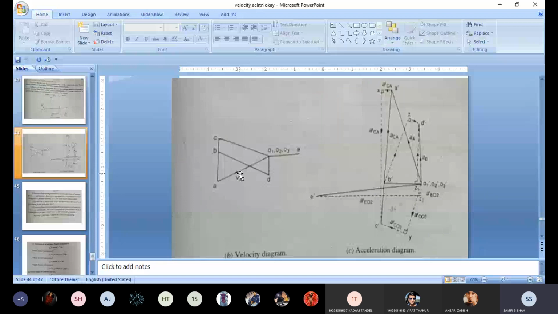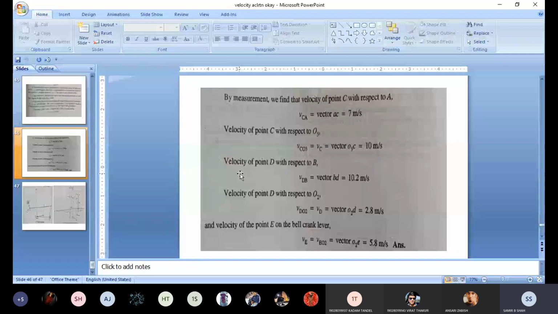Now, after finding the velocity diagram, we have to find all the radial parts, as I mentioned earlier. So we have the equation. From that equation, we are finding the radial part of each and every link. As we know, the velocity of O1A is equal to 10 meter per second.